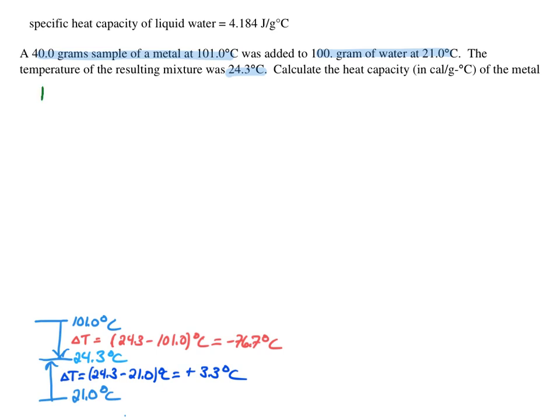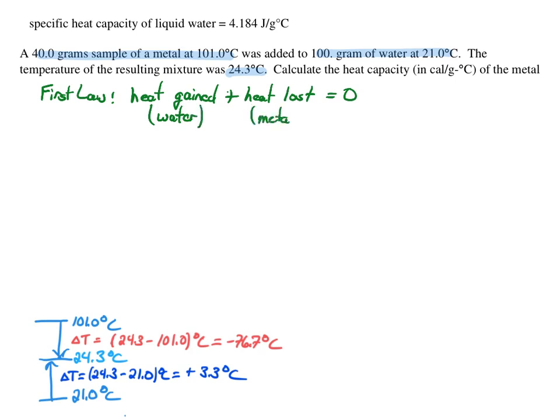We'll start with the first law. And that tells us that the heat gained plus the heat lost has to sum to 0. We can remind ourselves that the water bath is gaining heat because it's increasing in temperature, and that piece of metal is what's losing heat, it's decreasing in temperature.